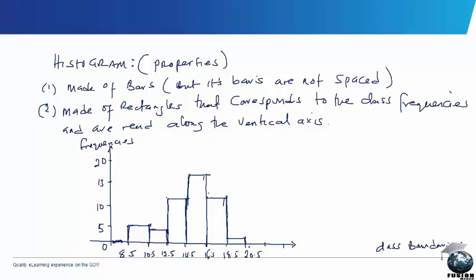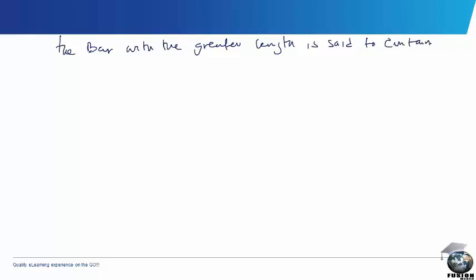Wow, and this gives us a frequency distribution. In the diagram, the bar with the greatest length is said to contain the modal class.